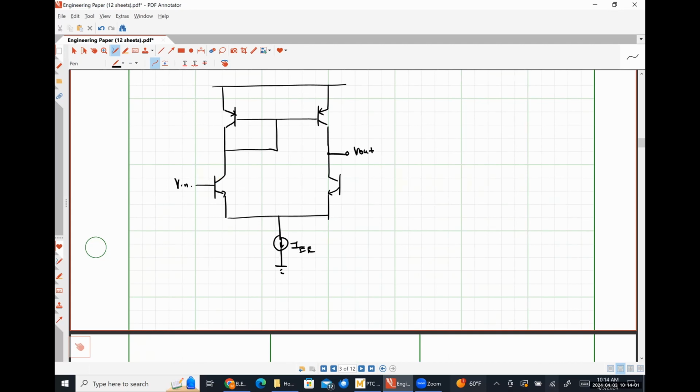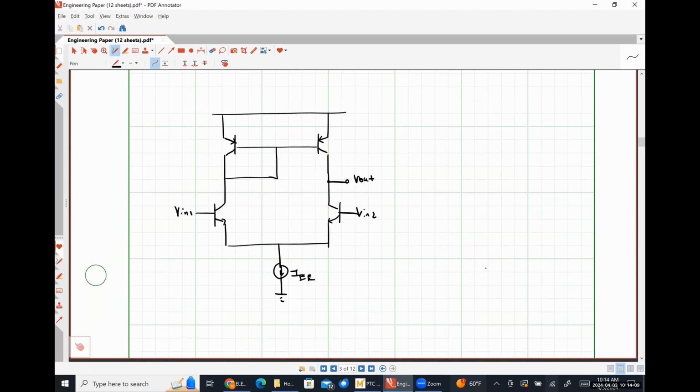Here's VN1. Here's VN2. Let's call this, for the sake of argument, Q1, Q2, Q3, Q4. Hopefully, we can recognize that this thing up top here is nothing more than a PNP current mirror, right? Anybody have any idea what the name of this whole circuit is?